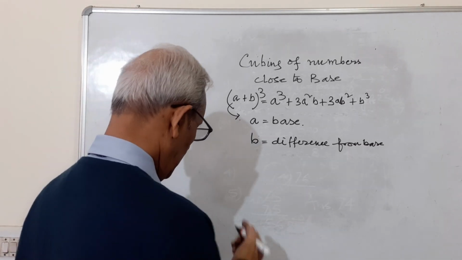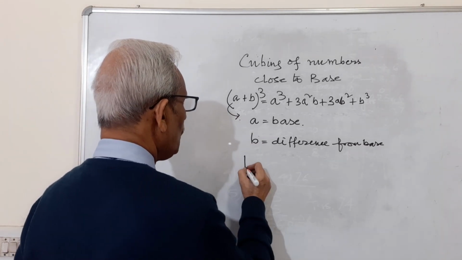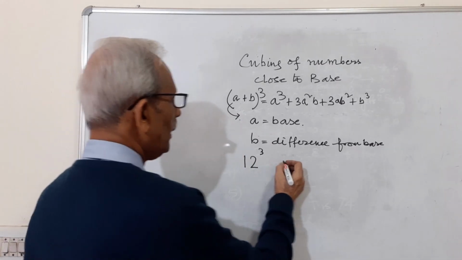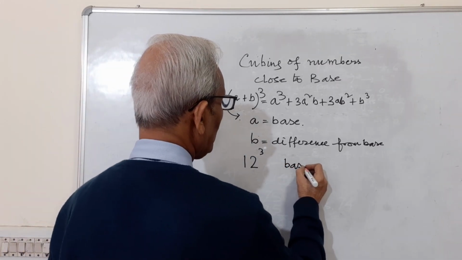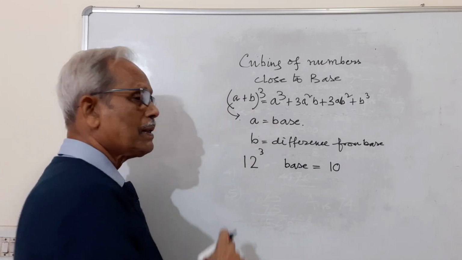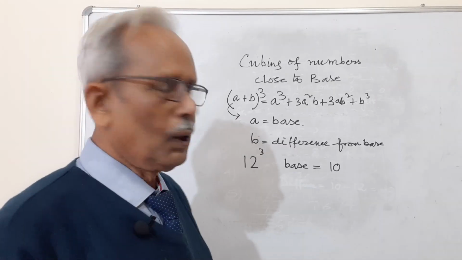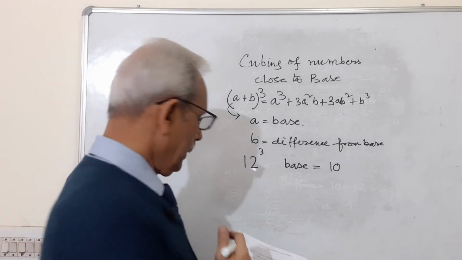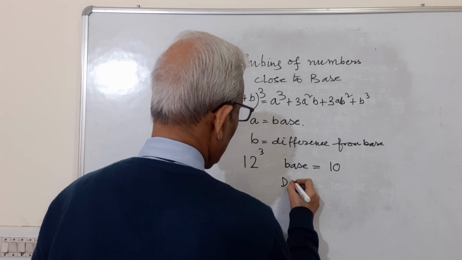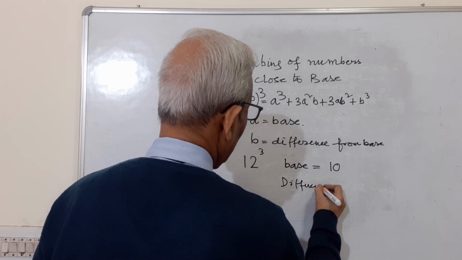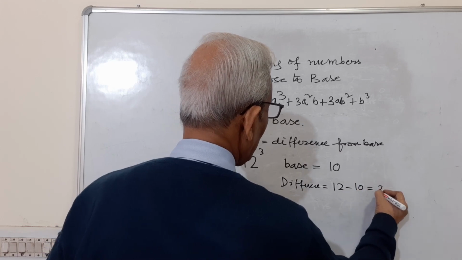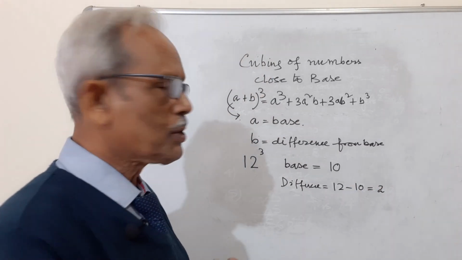For example, if you want to find 12 cube, then what is the base? Base is equal to 10. The nearest base of 12 is 10. If the base is 10, then the difference of the number from the base is 12 minus 10, which is plus 2.